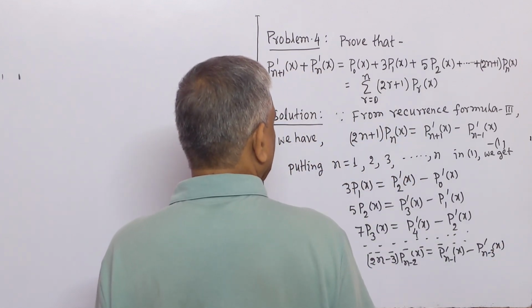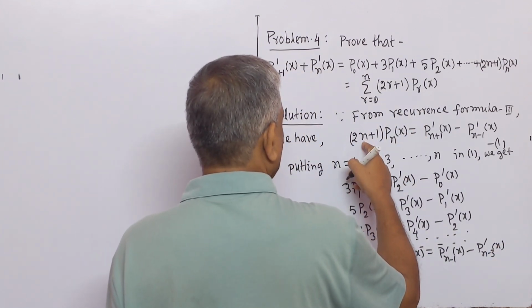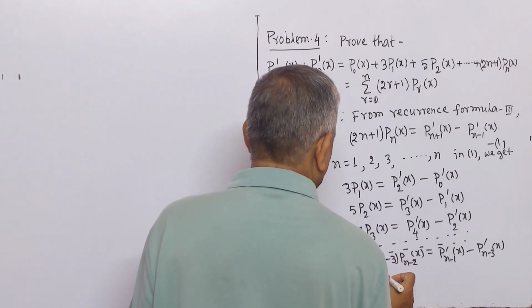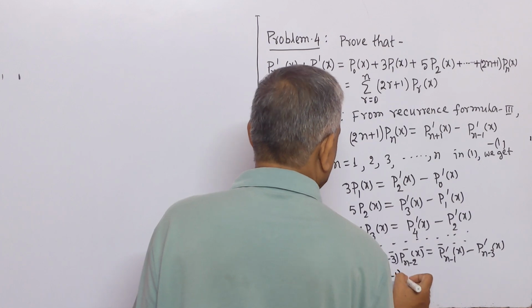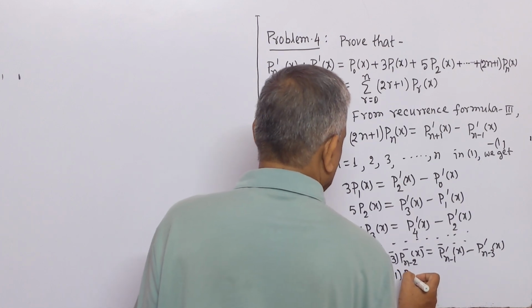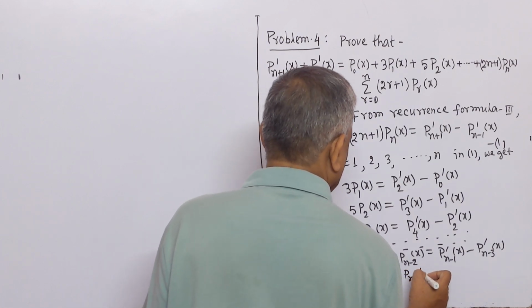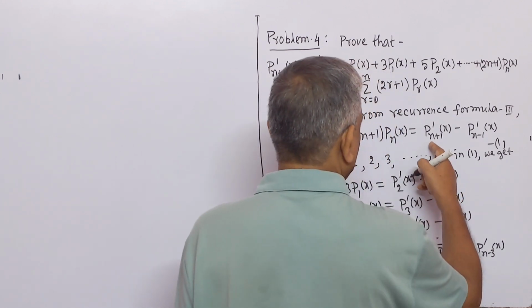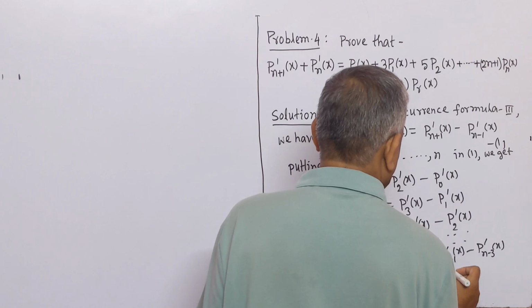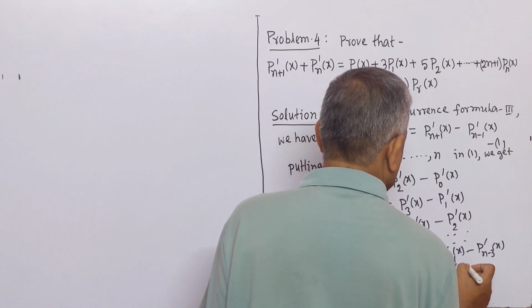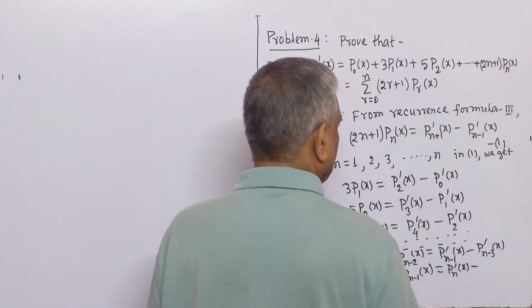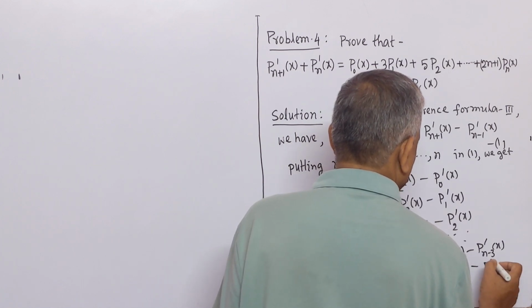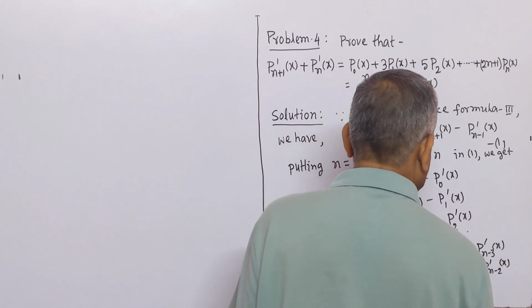Now putting n minus 1, here will be (2n - 1) P_{n-1}(x) = P_n'(x) - P_{n-2}'(x).